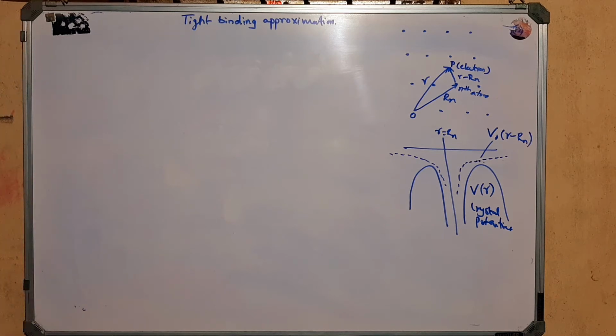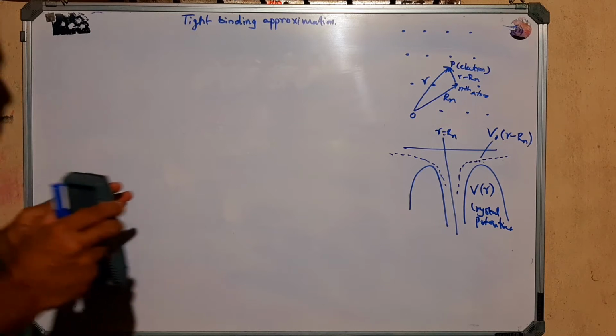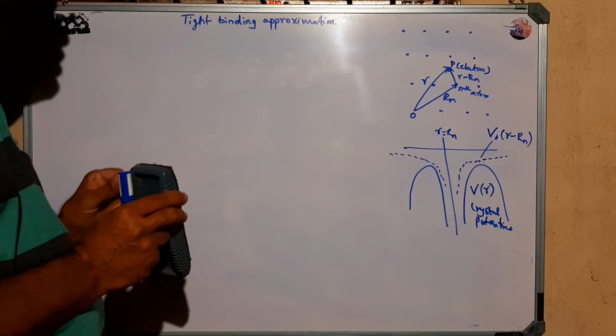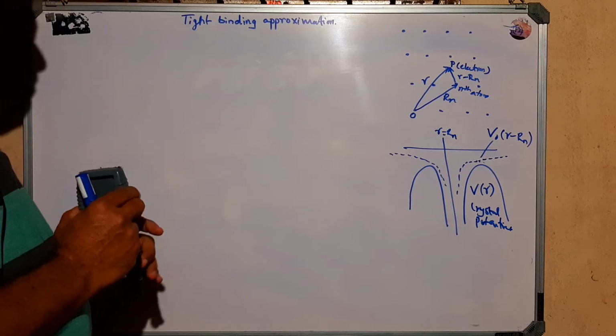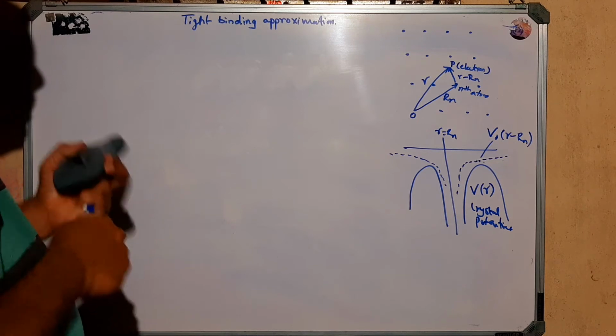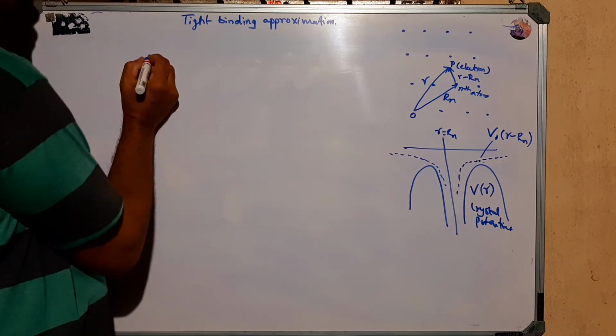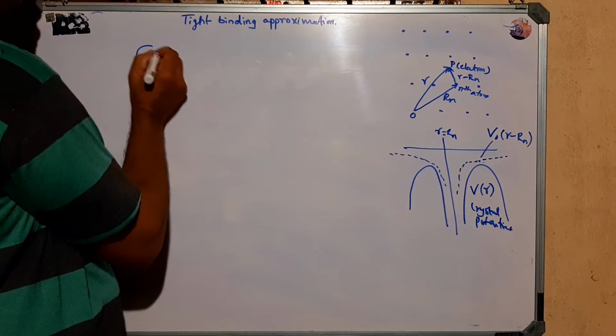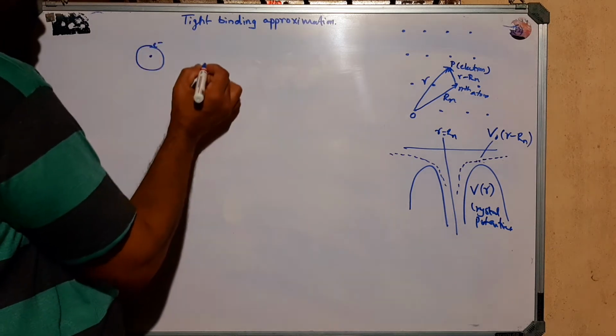But today's discussion is another theory, that is the tight binding approximation. Here what we are considering is that electrons are tightly bound to the nucleus. See, this is one identical atom. This is the electron under consideration.